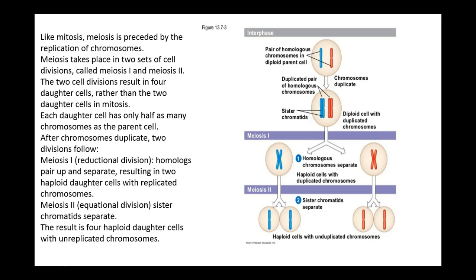So all this image is showing you is how the numbers between meiosis 1, where you have reductional division, and meiosis 2, the equational division, go from diploid to a replicated haploid to breaking apart that replicated haploid as the sister chromatids separate.